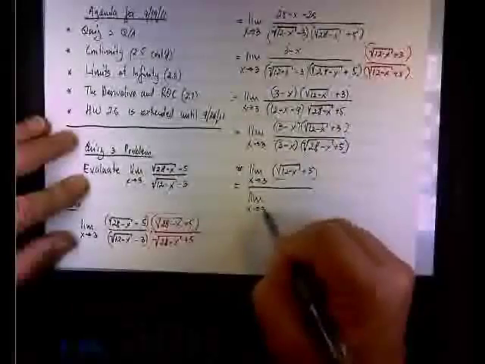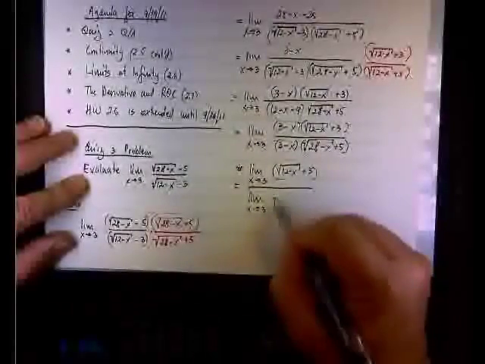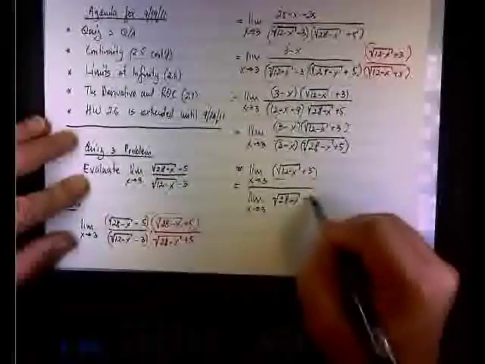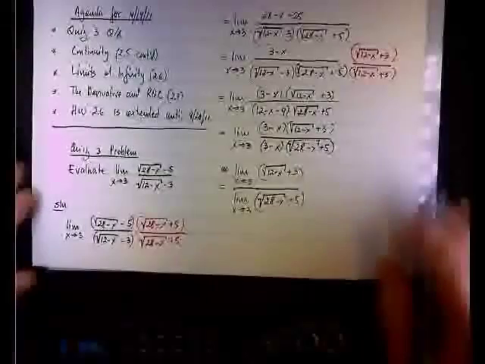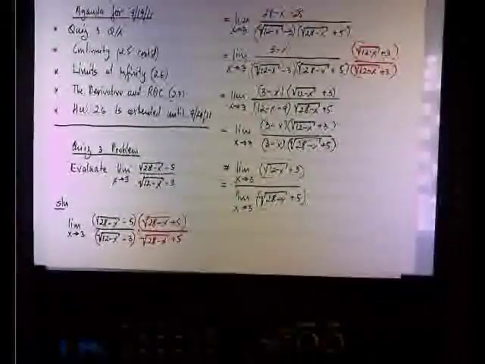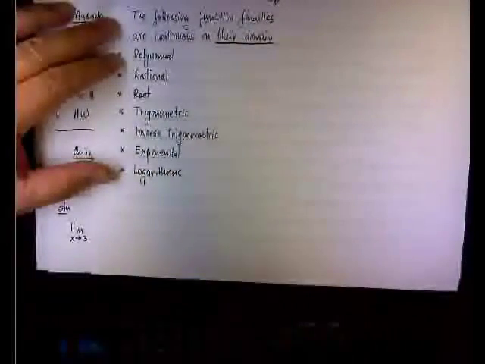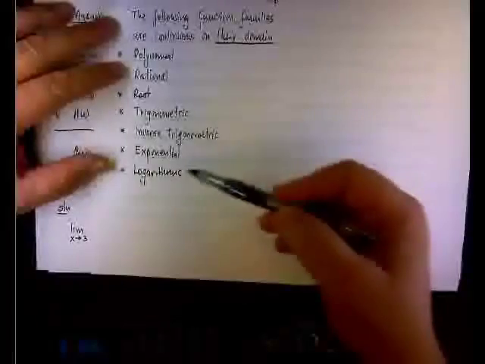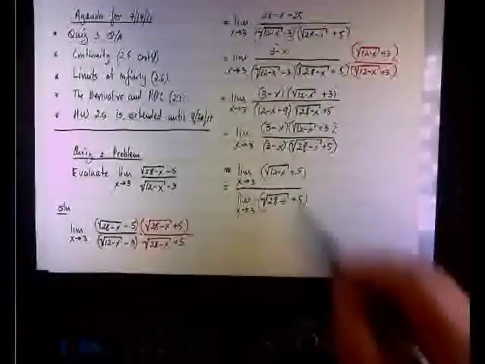The reason I can do the quotient law at this point is that we learned in the previous section that we have a number of functions that are continuous. For instance, we know that all the functions on this list are continuous on their domain. So we're looking at polynomial, we're looking at root, and so on.